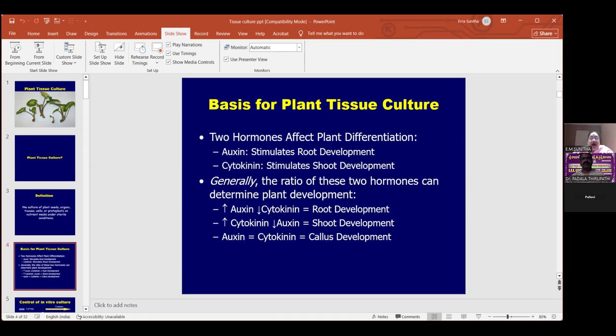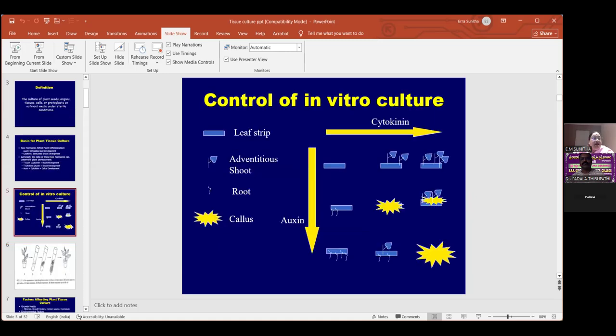Okay, now next, after we have studied that auxins and cytokinins are very important, we will see how we control in vitro culturing. We can control the adventitious roots, shoots or callus, all of this stage by stage. If you take a root strip as the explant, first you will have the auxins, then you get the shoot system, then the root system.